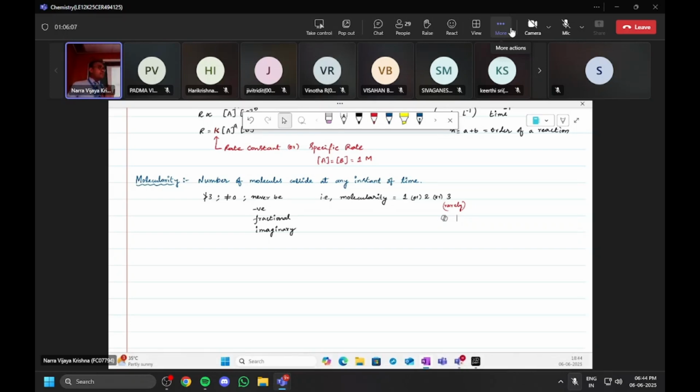If a reaction occurs in two steps, step one has one molecularity, step two may have another molecularity. For every step we have to study molecularity. Are you able to understand? So molecularity of a reaction means I am studying that only for a single step. If a total reaction occurs in only one step, then I call it an elementary reaction. Clear? So molecularity is calculated for every step.